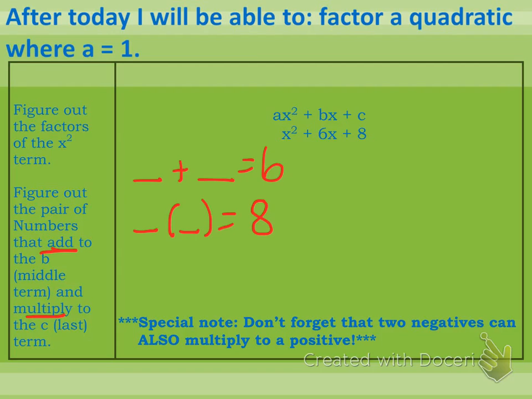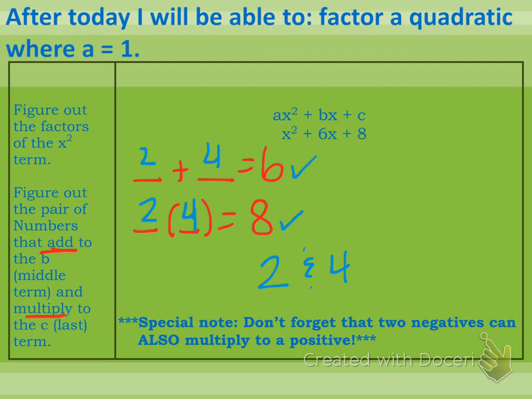Well, I'm going to start down here with the multiplying. 1 times 8, that equals 8, but 1 plus 8 equals 6? No, so that can't be it. 2 times 4, well, that equals 8. 2 plus 4, that does equal 6. So my numbers that I'm going to be using are 2 and 4.